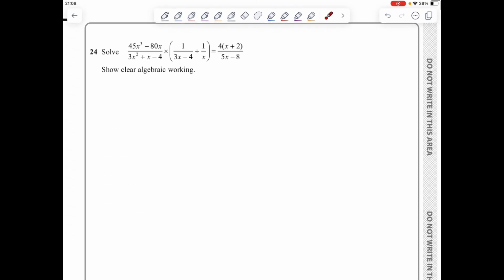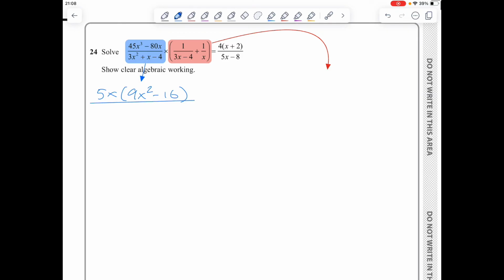For question 24, I'll work with each of those terms separately, simplify them, and then solve the equation. So let's split them up. For the blue expression, I'll take out a common factor of 5x, and I'll be left with 9x squared minus 16.